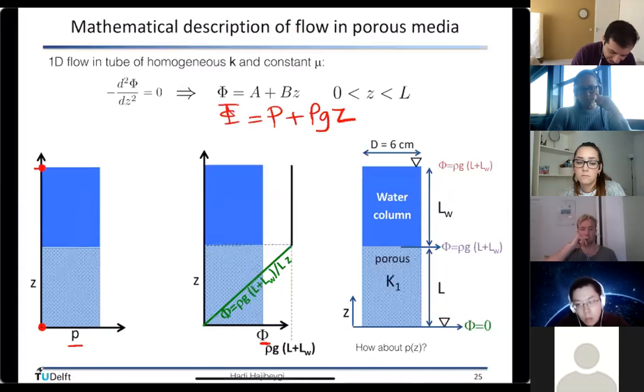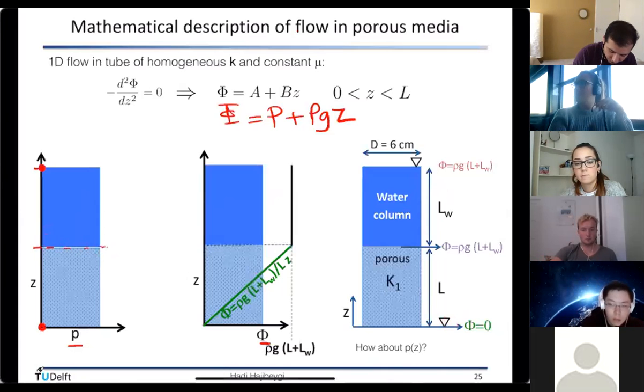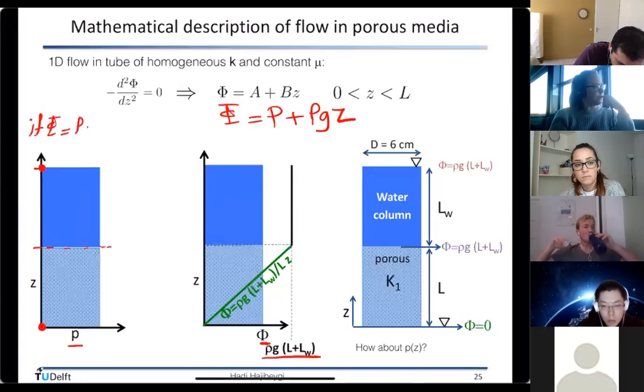What's the pressure at this cross section between the porous sample and the water column? Let's find it. What's the potential here? It's rho g L plus LW. If potential is rho g L plus LW, what would be the pressure?